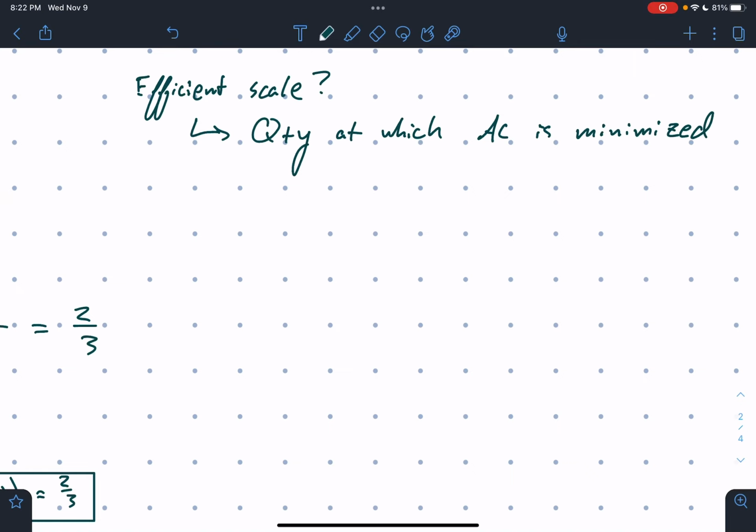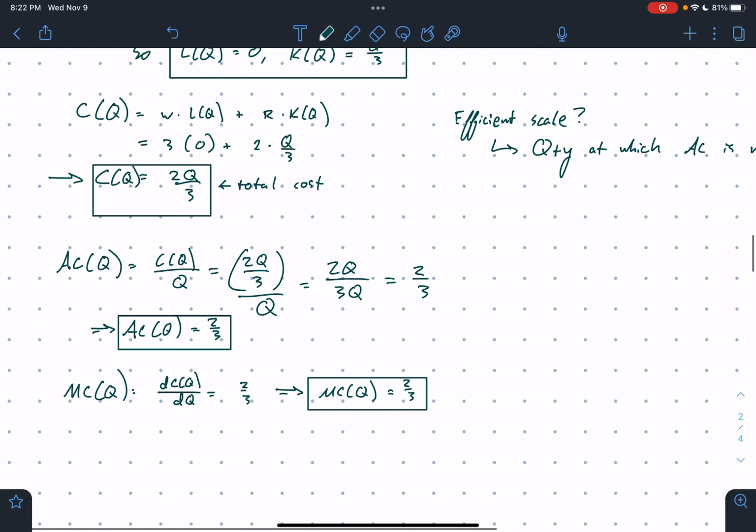Now, this is kind of a trick question because the average cost is constant. It's a constant function. It's not changing as Q changes.